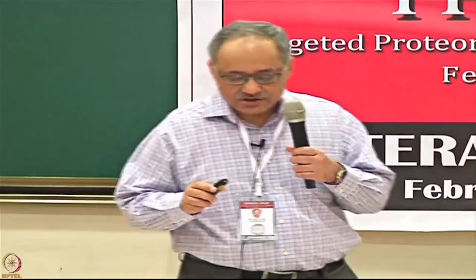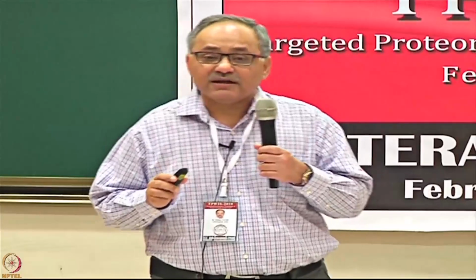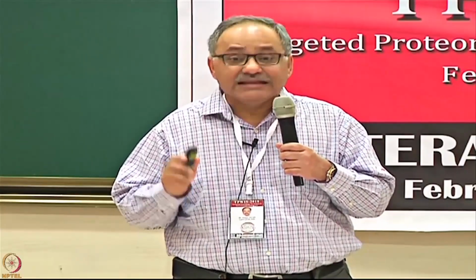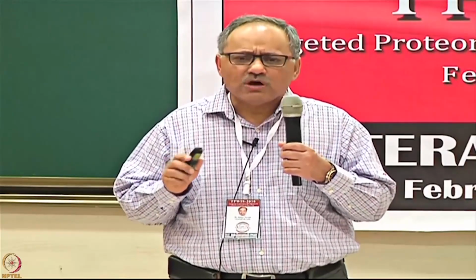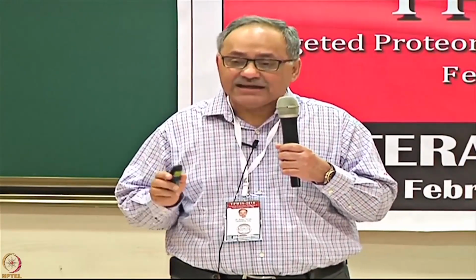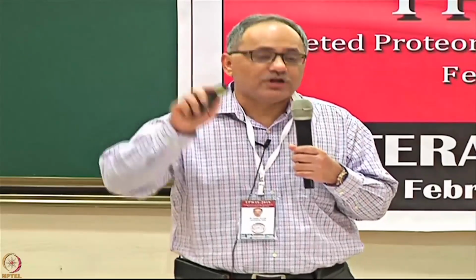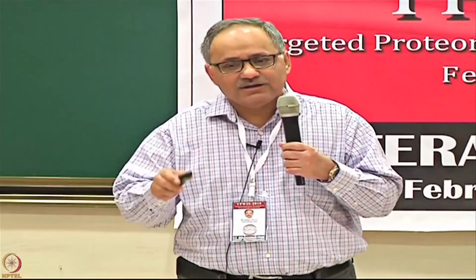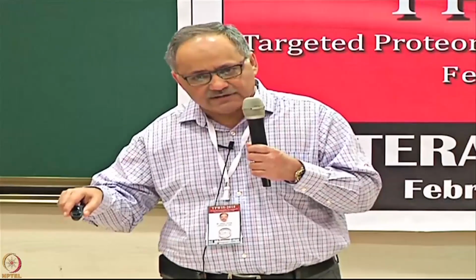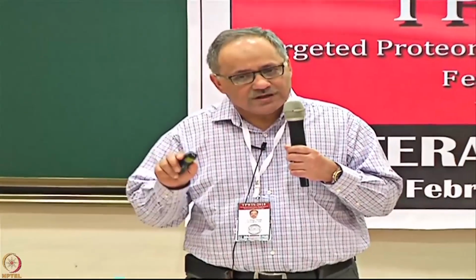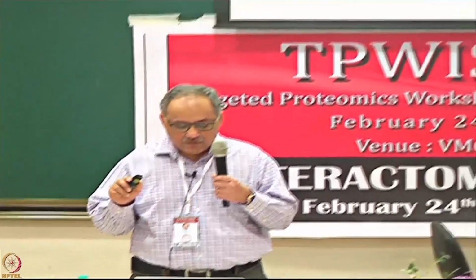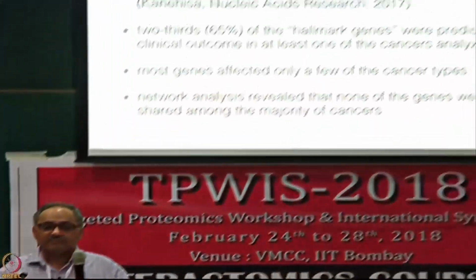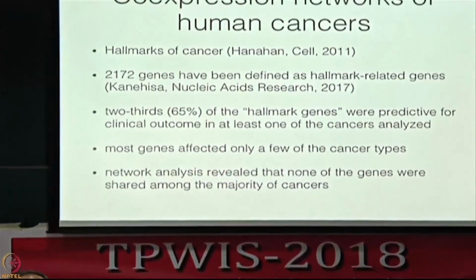Now, there was a publication in 2011, a very famous publication, called Hallmarks of Cancer. In that, there were 2000 odd genes which were defined as hallmark genes of cancer. It's the biggest work of its kind up to date. When we studied those hallmark genes in our data, 2/3 of them, 65% of them, were predictive for the clinical outcome in at least one cancer.